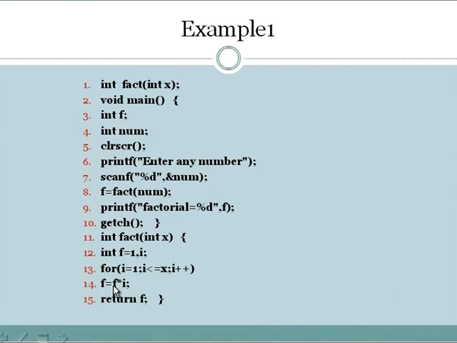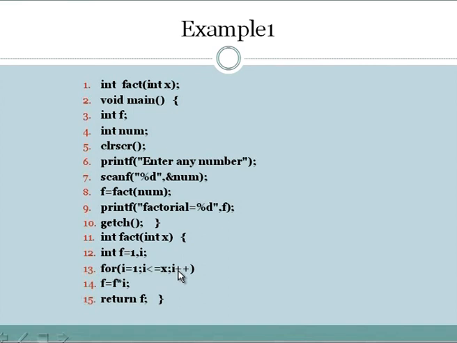So f multiplied by i, the value of f is 1, the value of i is 2. 1 multiplied by 2, so the new value of f will become 2. Then the loop cycle will be repeated, i plus plus, the new value of i will become 3. 3 is less than or equal to 3. Yes, the condition is true. Therefore 2 multiplied by 3, so the new value of f will become 6.